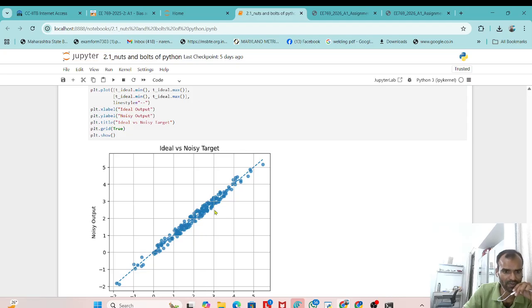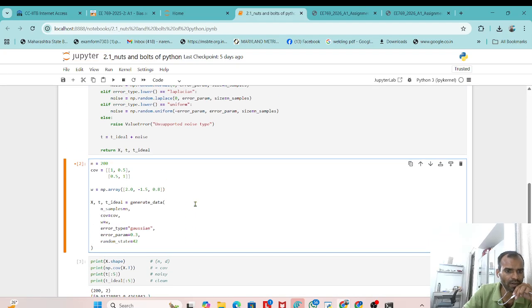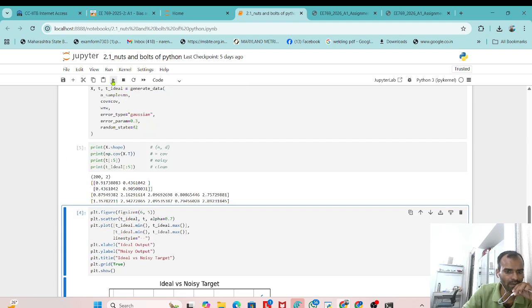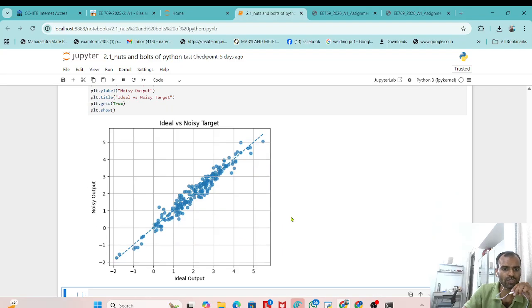If we run this, let's see the plot. Here you will see it converges about the predicted line, but as compared to the uniform, the residuals are quite far away.